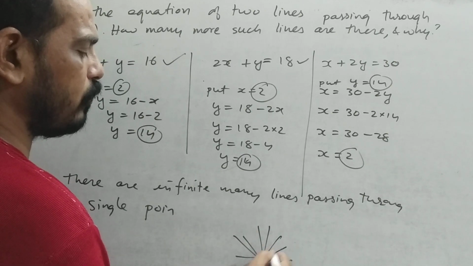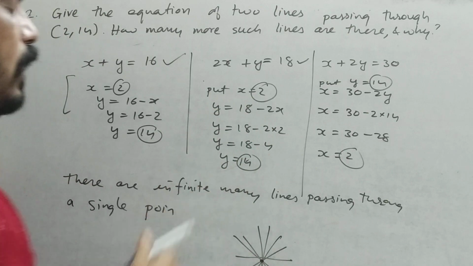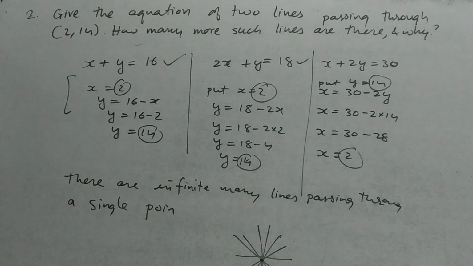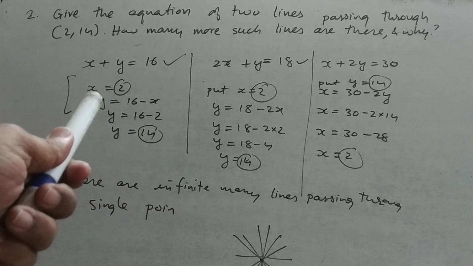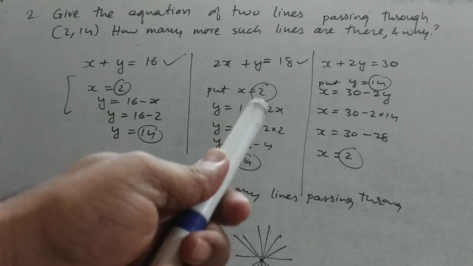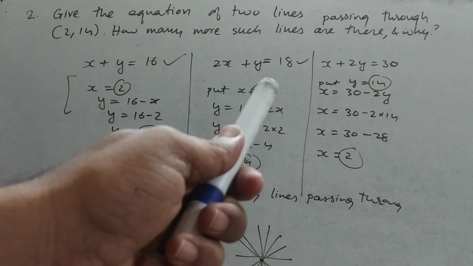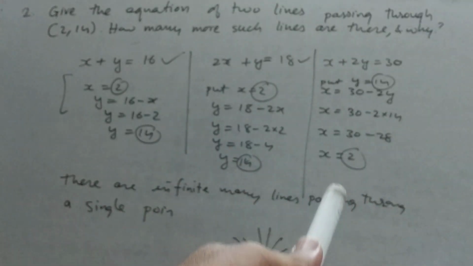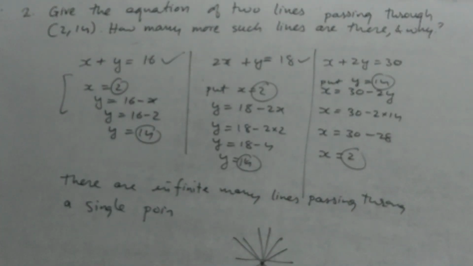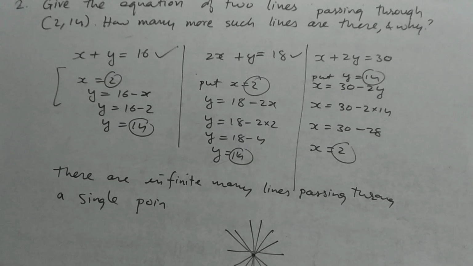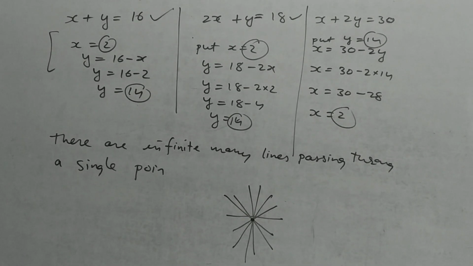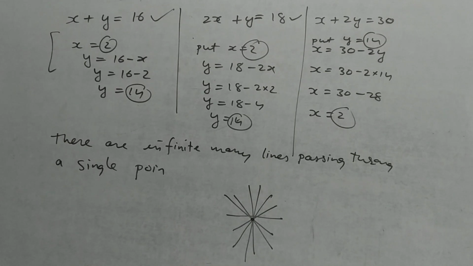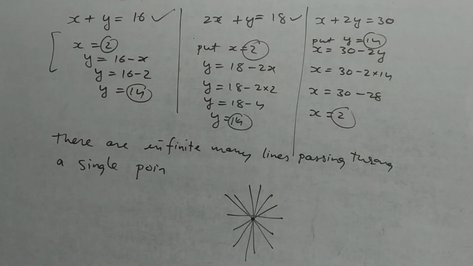There are infinite lines which can pass through a single point. So I want you to make 3 more solutions of that. Just like I have taken x + y = 16 and 2x + y = 18, if the value of x is 2, what should the value of y be? It should be 14. Put y = 14 here, 14 times 2 is 28, and the x value should come 2. So you think of more such equations. From one point, how many lines are going? Infinite points can pass through. Because x = 2, y = 14 is a point. How many lines can go from one point?